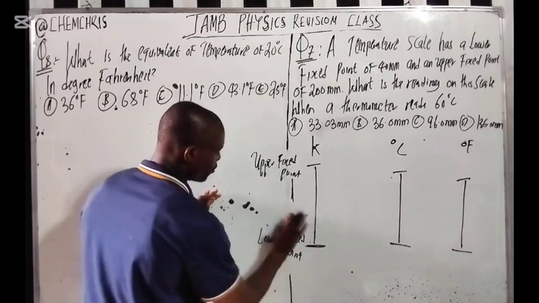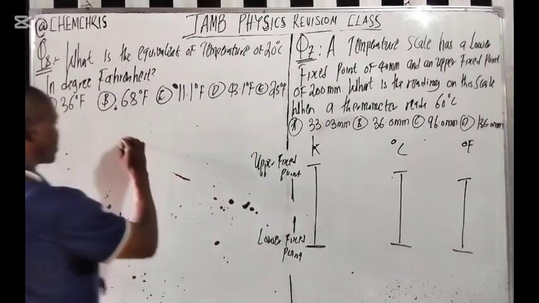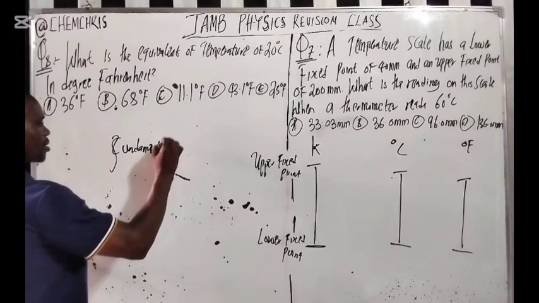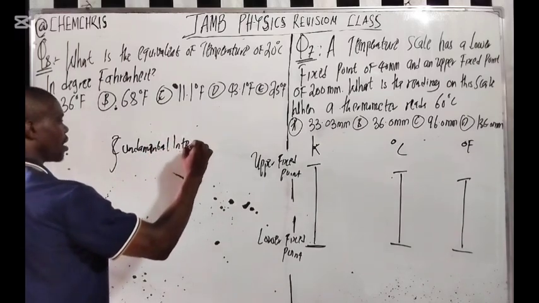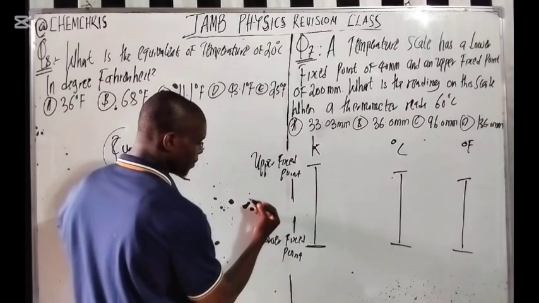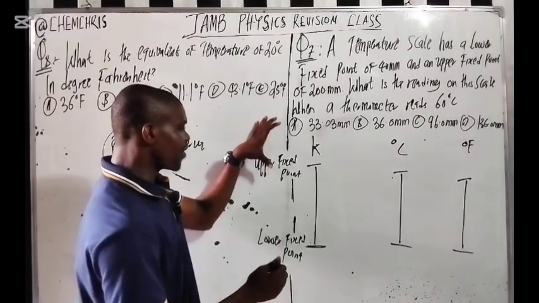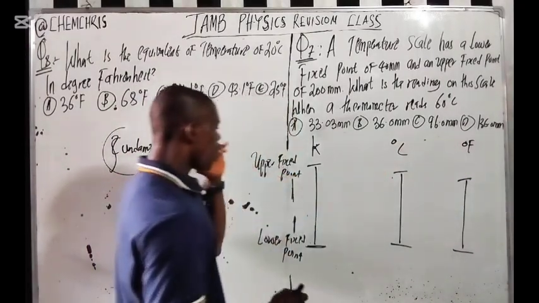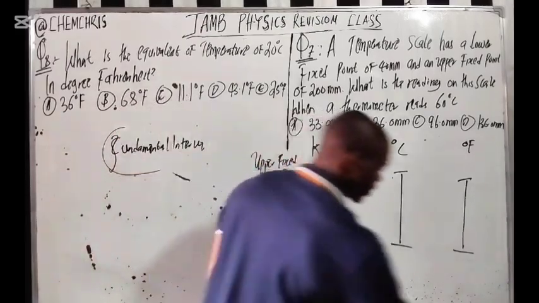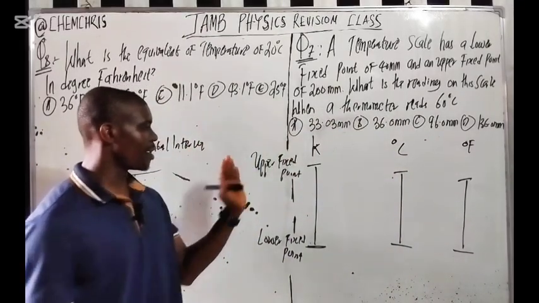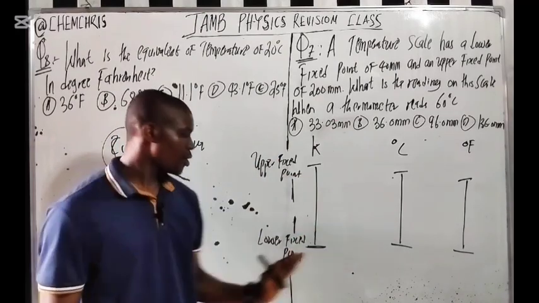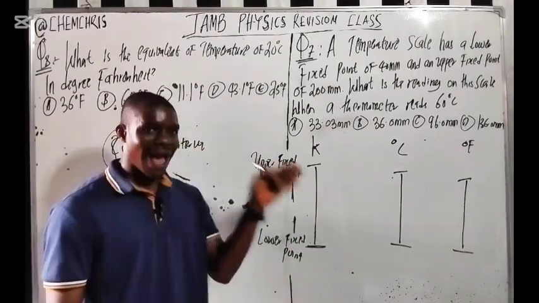So each of these scales has an upper fixed point and a lower fixed point. That's what you need to know here.